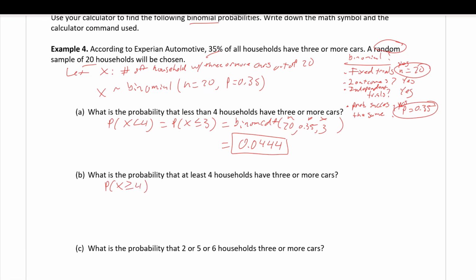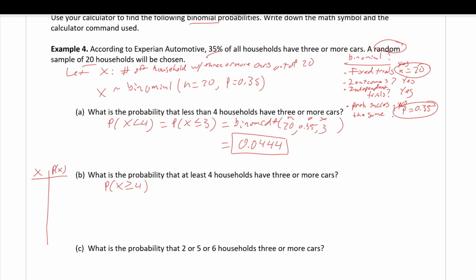At least 4. Okay, so this is where I kind of want to show you that we have that table above that can show you exactly what to do here. But I want you to think of it in terms of that probability distribution table. This will help you at least get some sort of visual for what we're doing.